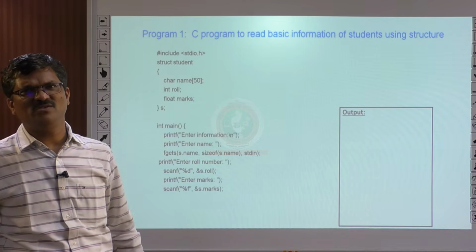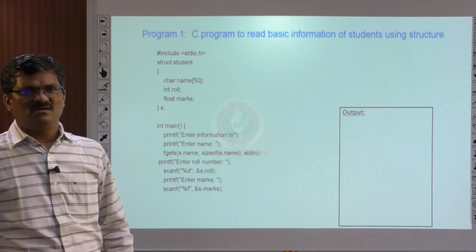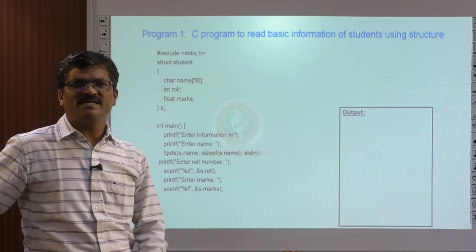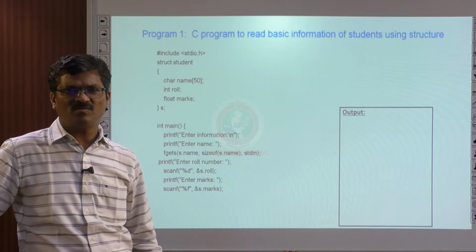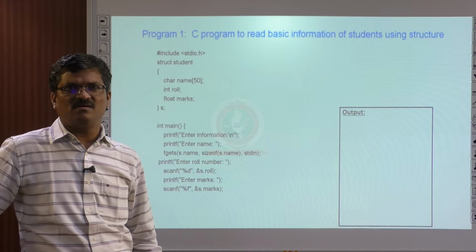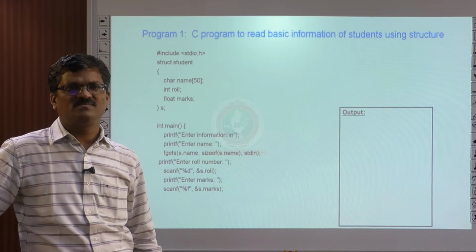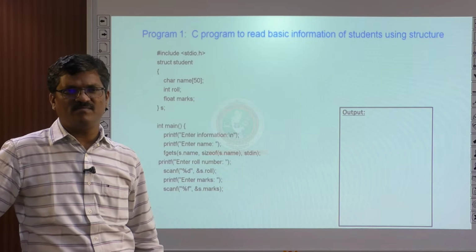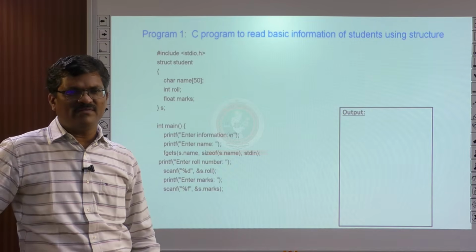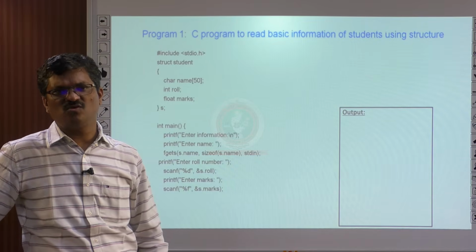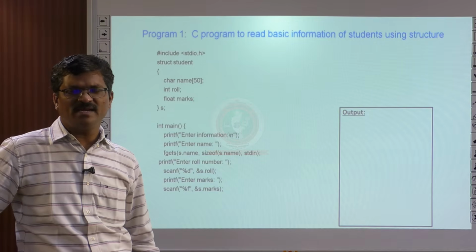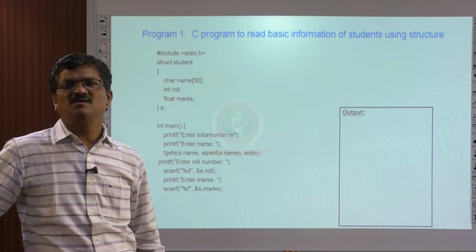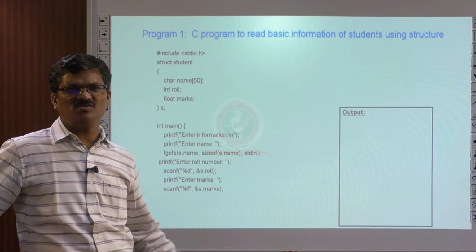Otherwise you can make use of a normal scanf statement, scanf %s and read the name, right, normal %s and comma name. Then printf enter the roll number, so you enter the roll number, s dot roll, scanf. Similarly enter the marks, ampersand s dot marks. So this is the way we read values to the members of a structure.